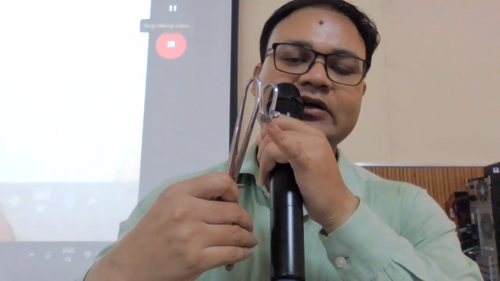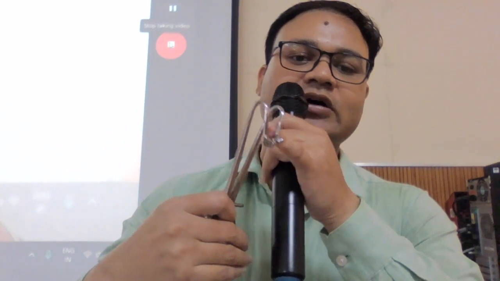It has this handle, and the handle has grooves in it for better gripping. These are the blades; the distal part is called the blade, and the tip is flattened.